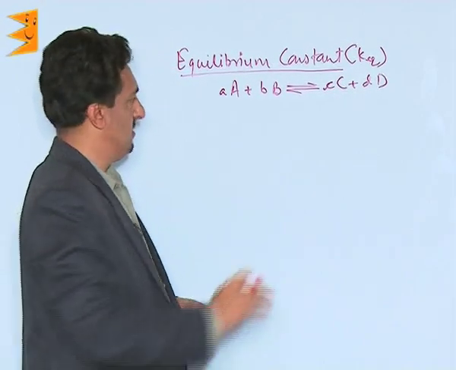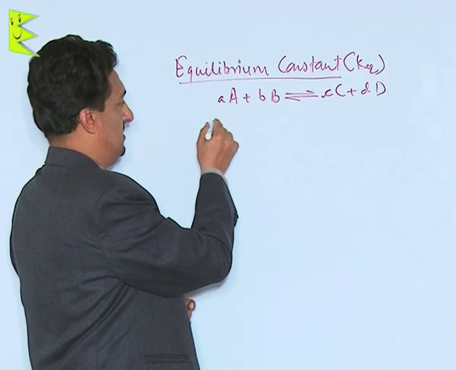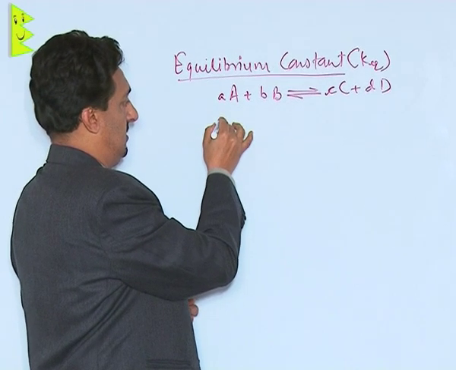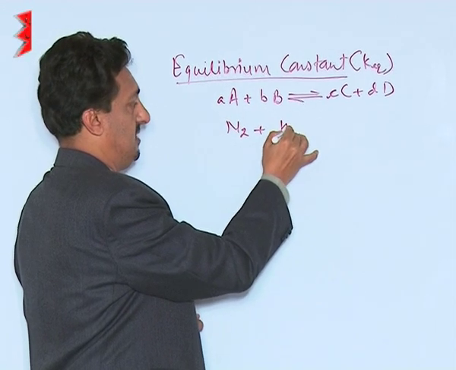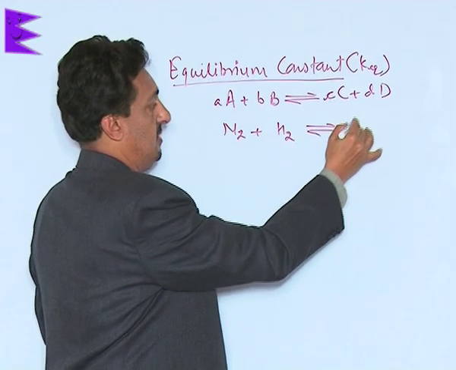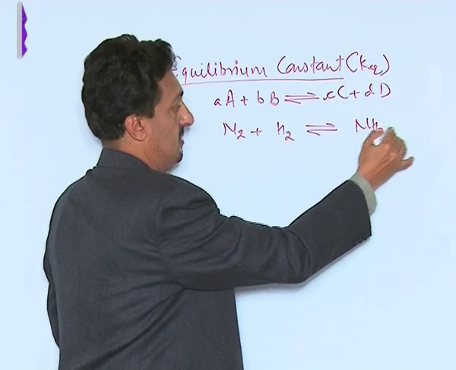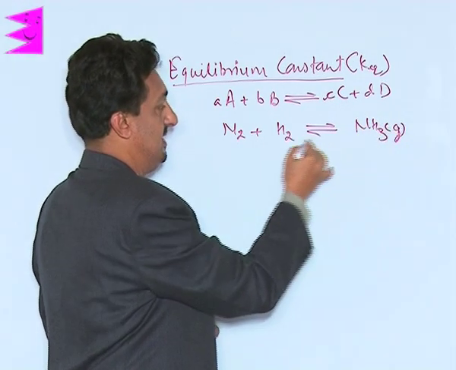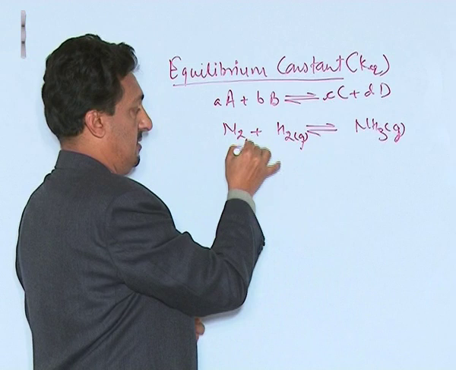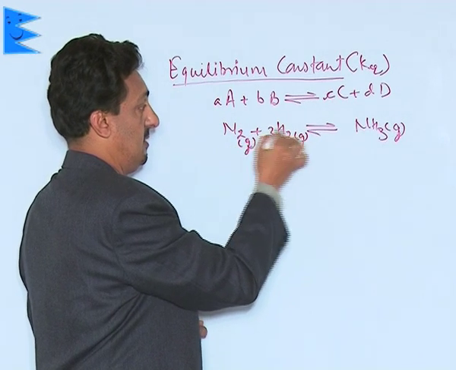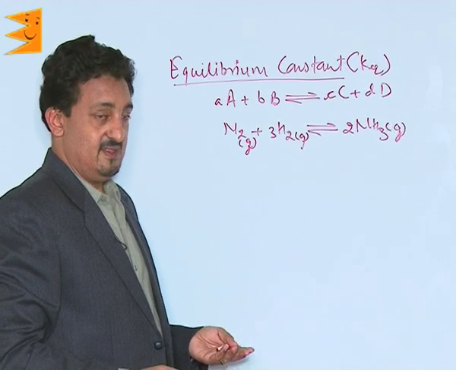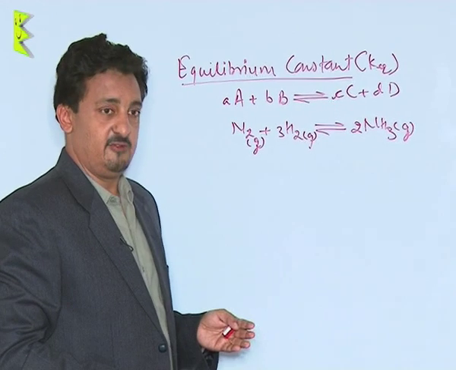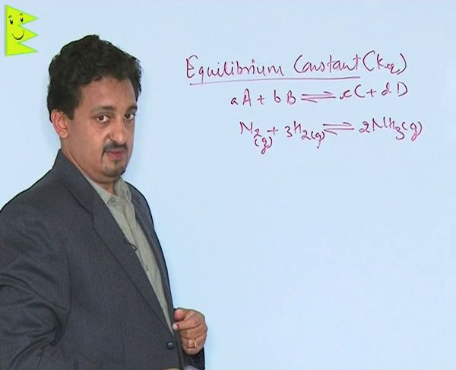Suppose we have a reaction like nitrogen combines with hydrogen to form ammonia. Since all these are gases, but we can express their amounts in terms of concentration.